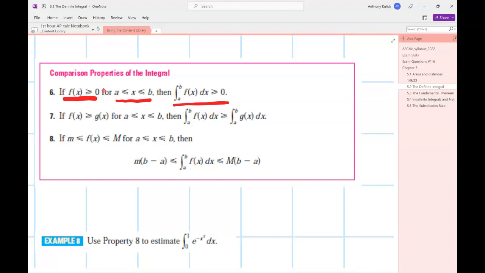Everybody's not shocked by that, I hope. If f of x is bigger than g of x from a to b, then the integral of f of x has to be bigger than the integral of g of x over that same interval, which again, hopefully is not surprising. If one function is always taller than the other one, its area under that curve definitely has to be bigger than the other one.